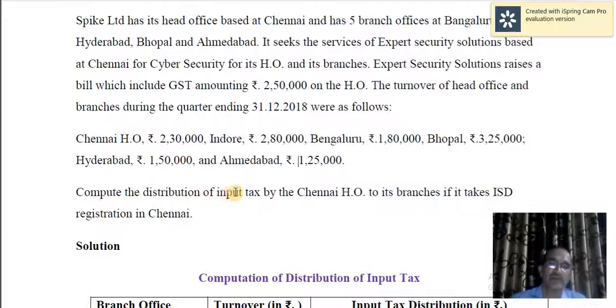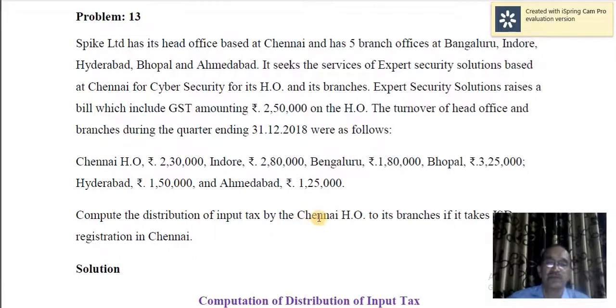Compute the distribution of input tax by the Chennai HO to its branches if it takes ISD registration in Chennai. ISD means Input Service Distributor. So here Chennai HO is considered to be Input Service Distributor.